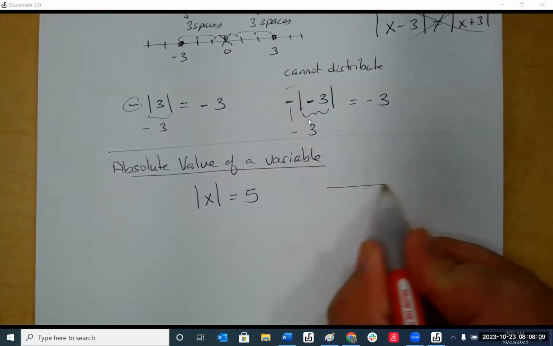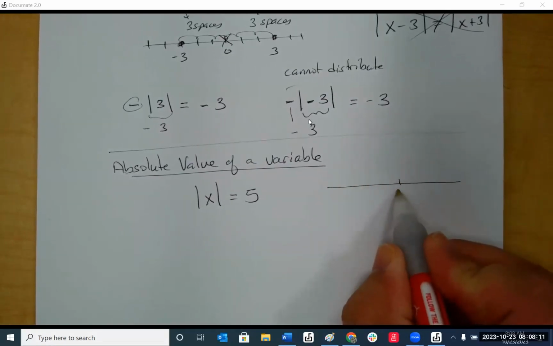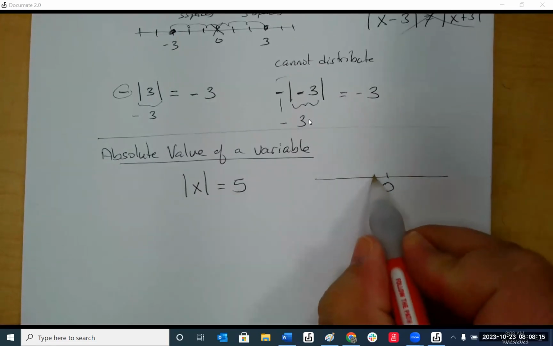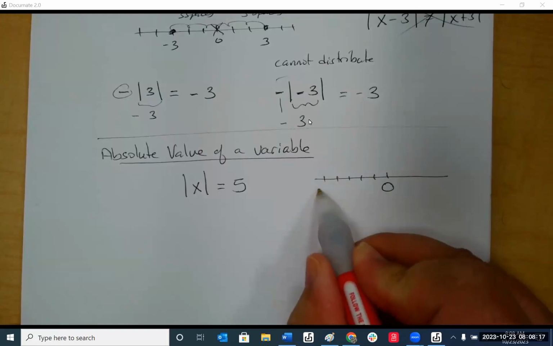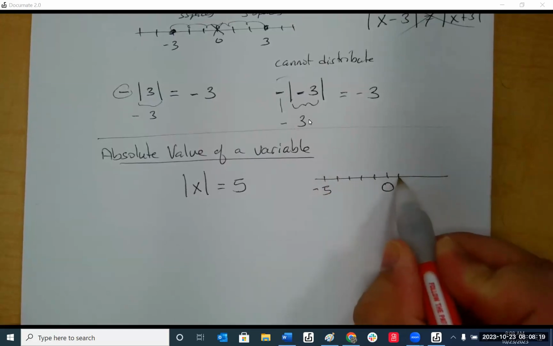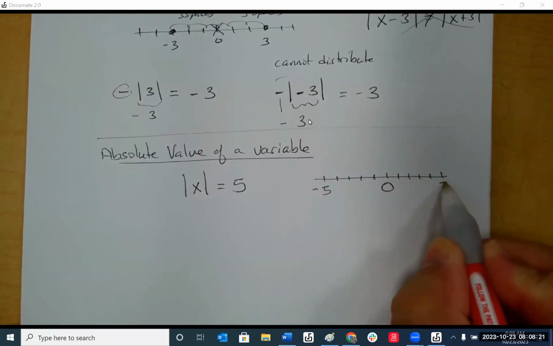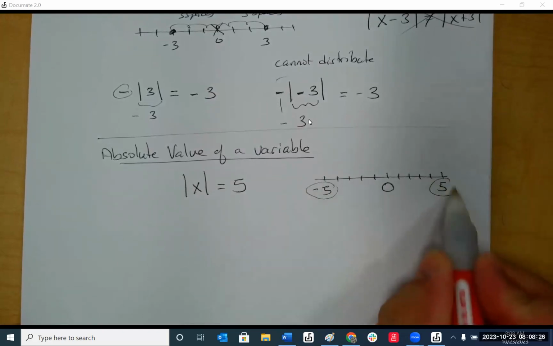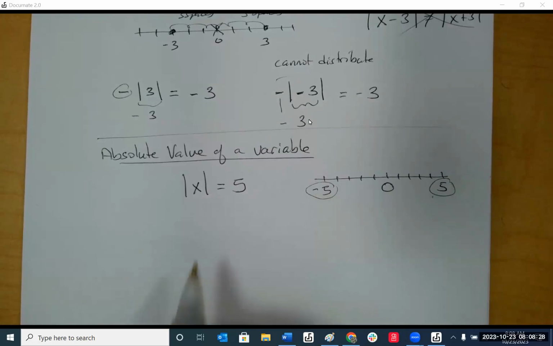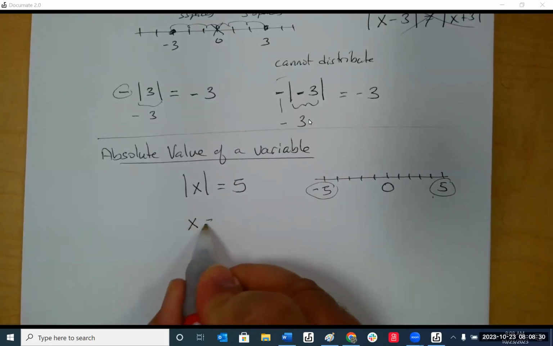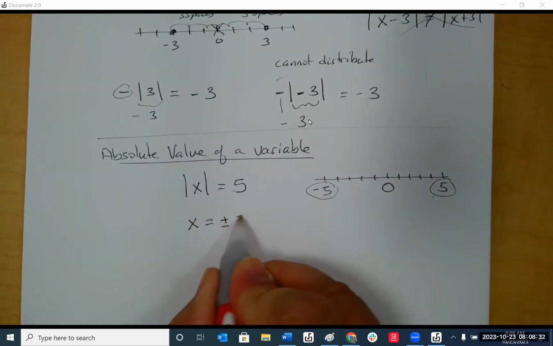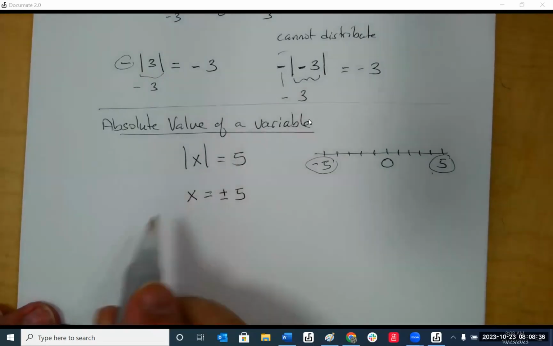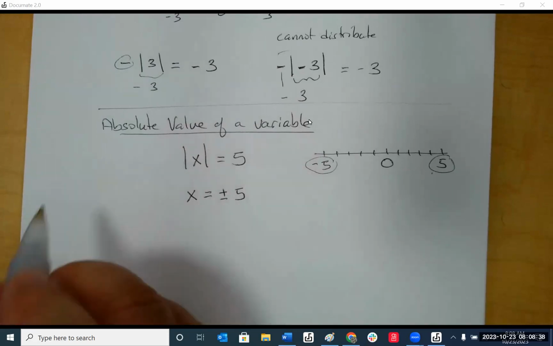Remember, if here's my 0, and I'm going 5 spaces, 1, 2, 3, 4, 5, 1, 2, 3, 4, 5. So it can be a positive or a negative. So the x can equal a positive or a negative 5. So that's the rule.